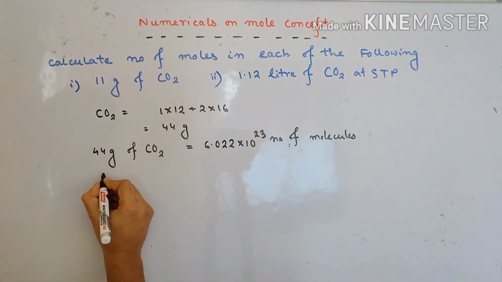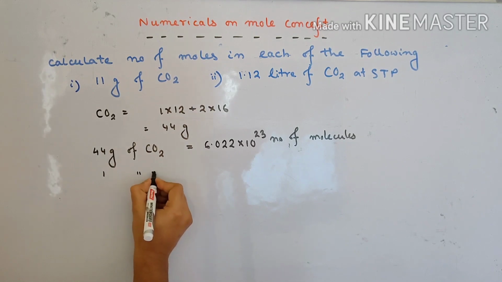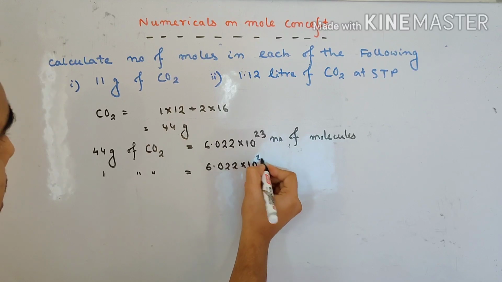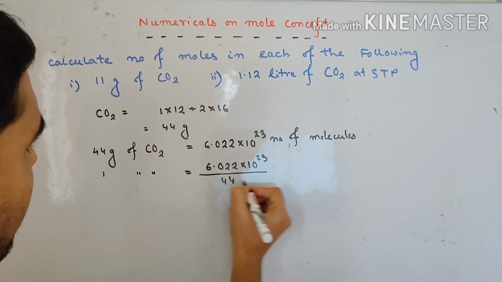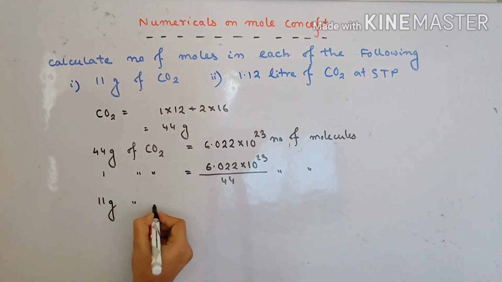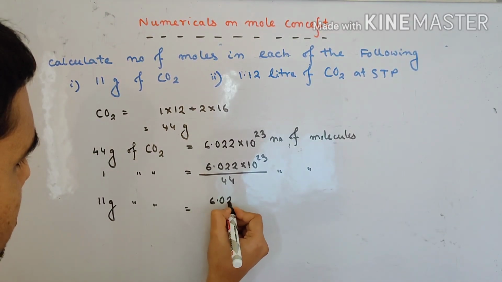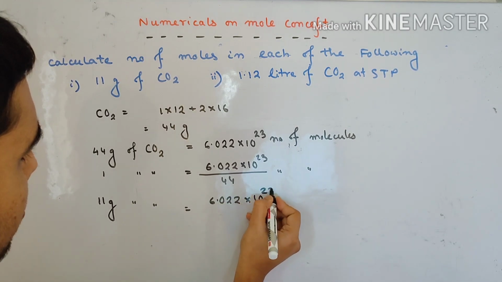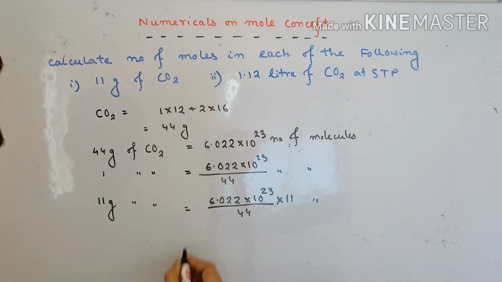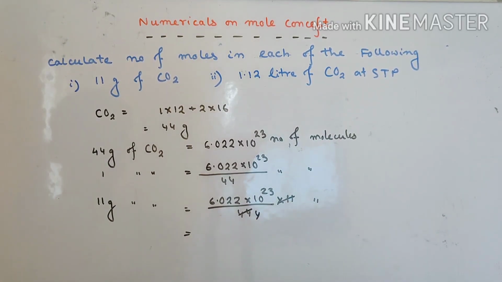Similarly, 1 gram of carbon dioxide should be 6.022 into 10 to the power 23 divided by 44, and if it is 11 gram, it should be 6.022 into 10 to the power 23 by 44 into 11. Obviously it is 4, so accordingly we have to calculate.